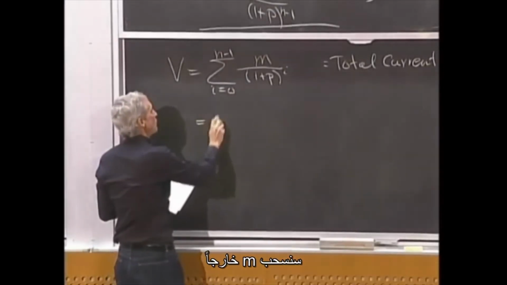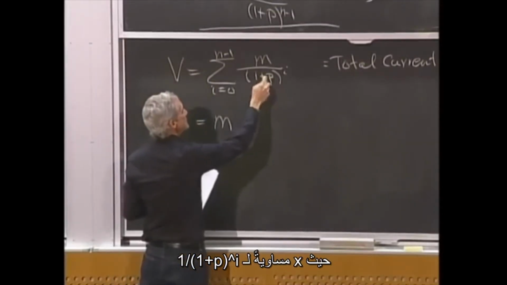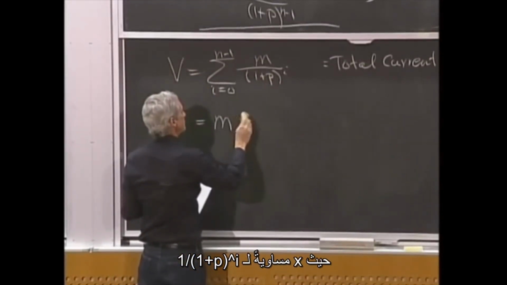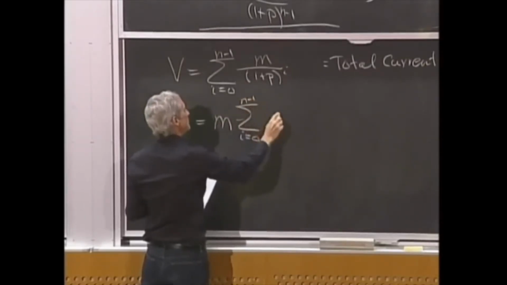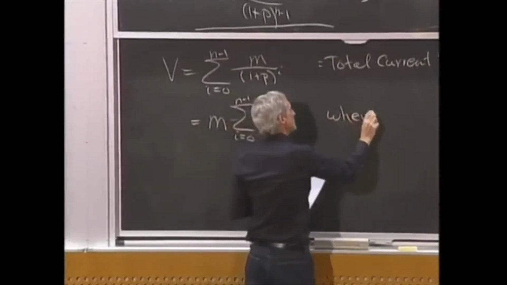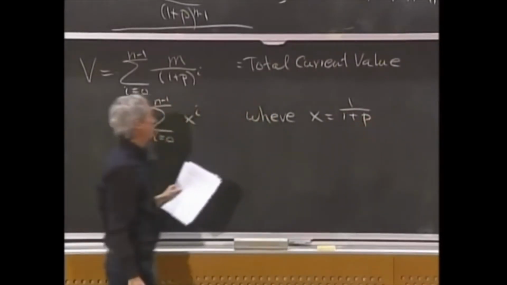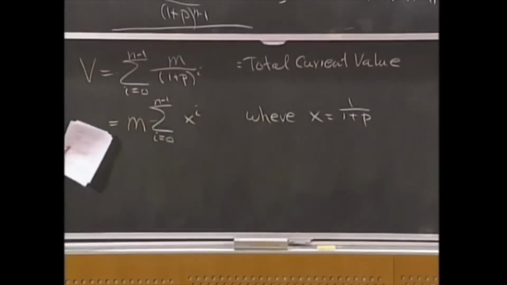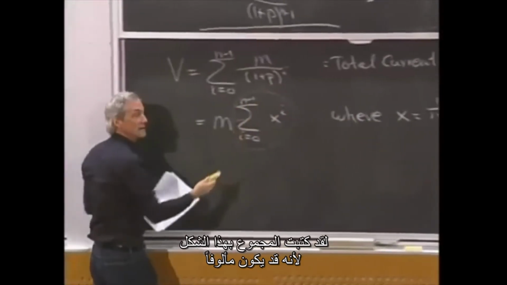This equals, we'll pull the M out in front, and let's use x to be 1 over 1 plus P, so the sum of x to the I. And so x equals 1 over 1 plus P. I wrote it this way because this might be familiar.